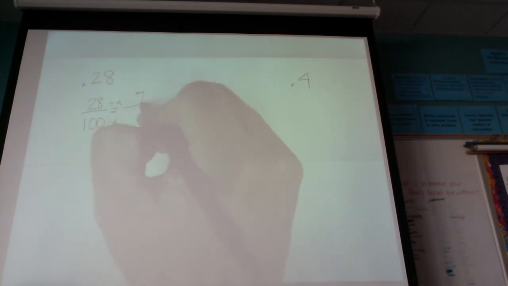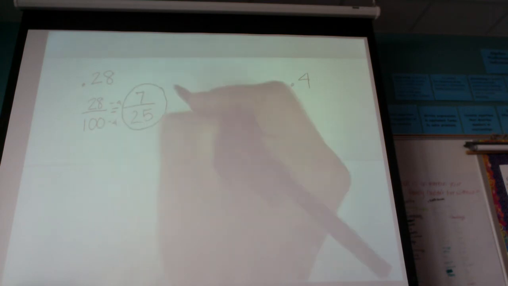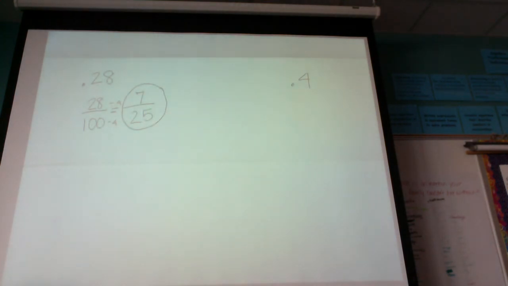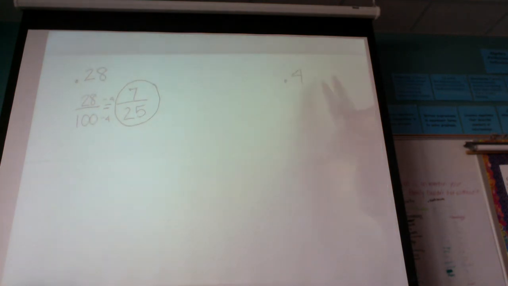That's going to give me 7 on top and 25 on the bottom. So I've just written that decimal as a fraction. This next one I'm going to read it as a mathematician. 4 tenths. I can divide both of those by 2 to simplify, and I'm going to get 2 fifths as my answer.